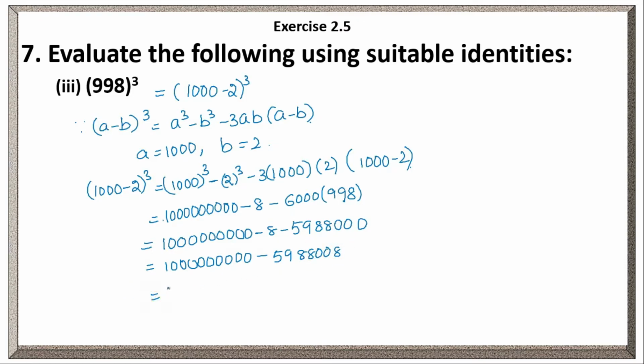Now if I subtract 59 lakhs 88,008 from 1 followed by 9 zeros, it will become 9940119992. Clear? This is the 998 whole cube value. 998 whole cube is 9940119992. Clear?